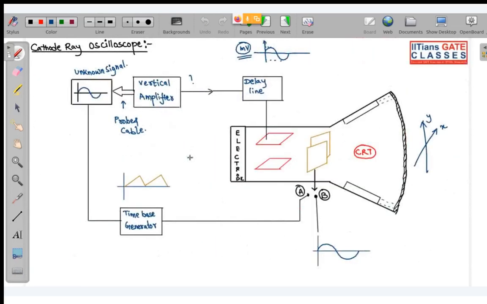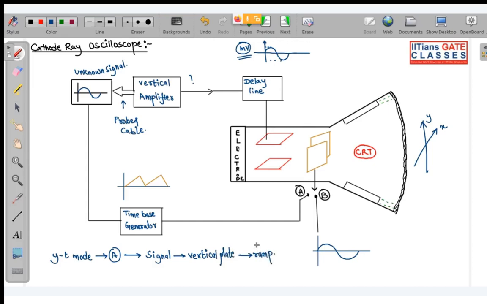YT mode is the mode of the CRO in which we are giving the known signal as a ramp signal. There are two modes of CRO. In YT mode, the switch is in A position, and the signal given to your vertical plate is ramp.